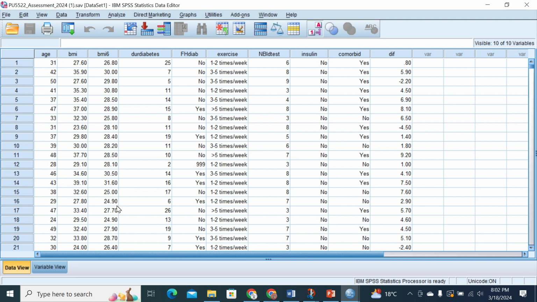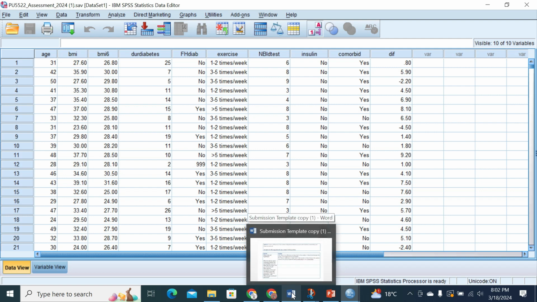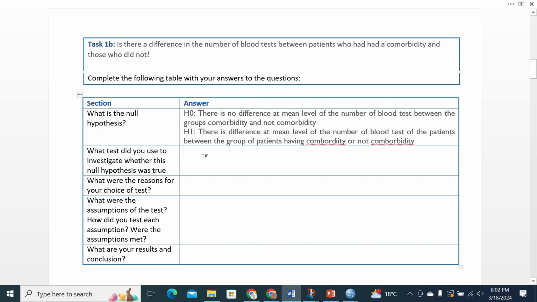So obviously we shall suggest the independent sample t-test. The test which was used to test the above hypothesis is the independent sample t-test.